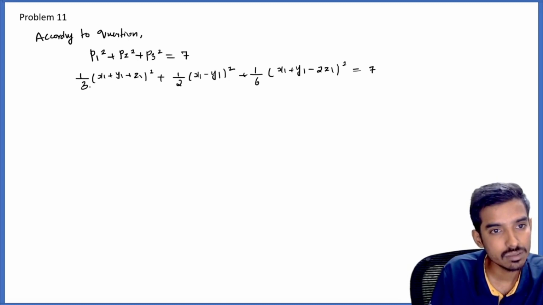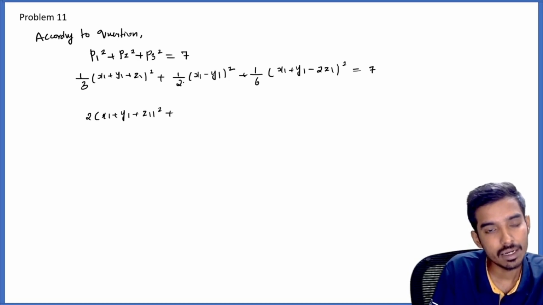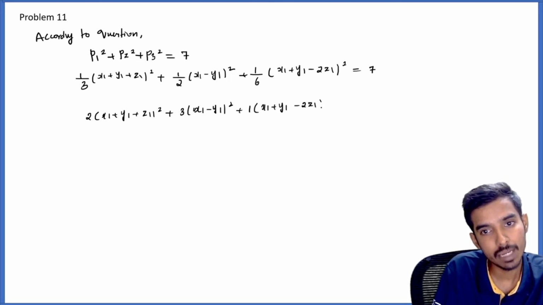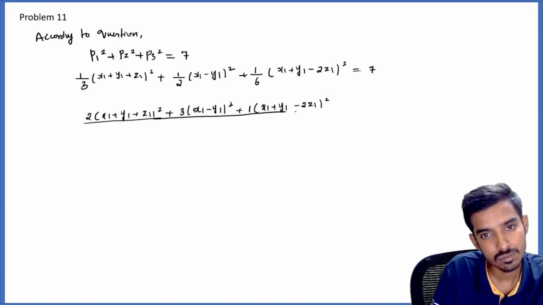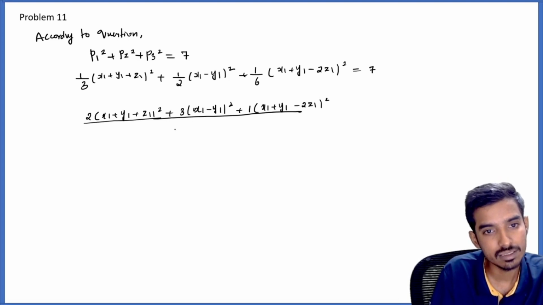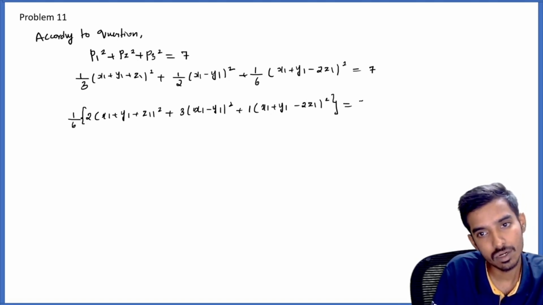So 2 times (x1 plus y1 plus z1) whole square, and 3 times (x1 minus y1) whole square, and 1 times (x1 plus y1 minus 2 times z1) whole square, whole divided by 6. I've just taken the LCM, equal to 7.